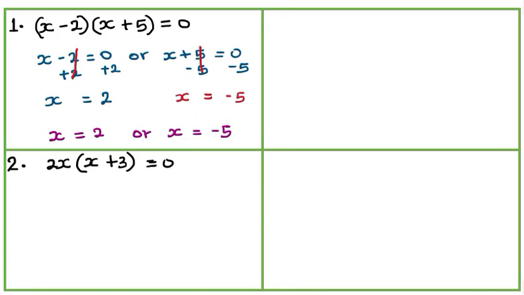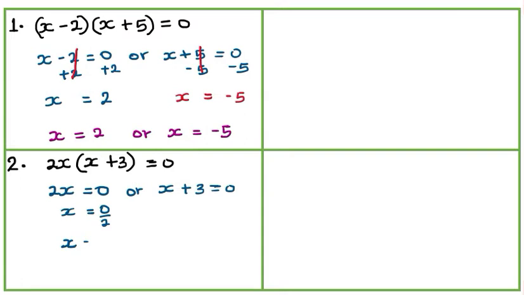So like how we have done the first example, still we say that 2x is equal to 0, or x plus 3 is equal to 0. So in this case, this part we say that x is 0 divided by 2, such that we get x equals 0.